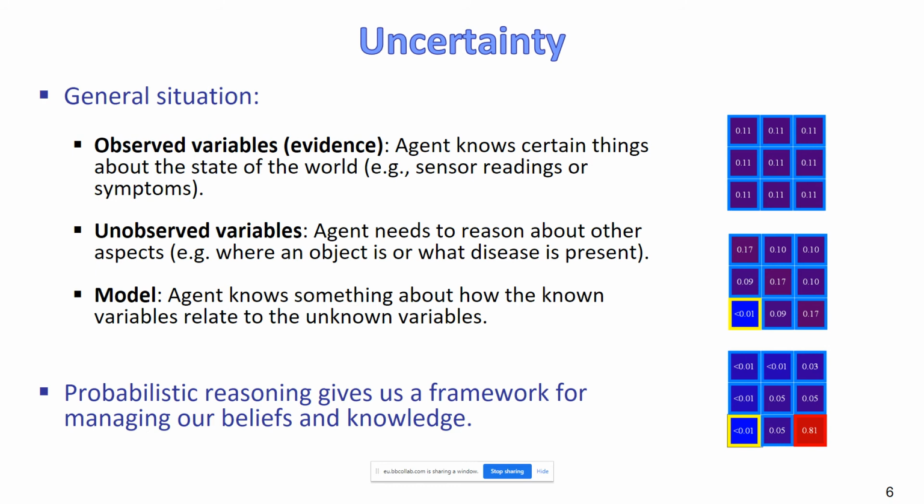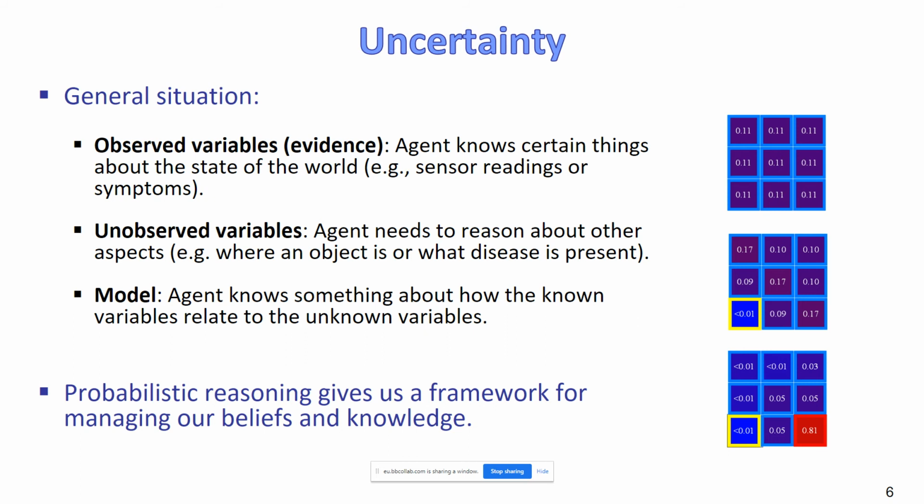So the difference between observed and unobserved is clear. Observed, we saw it, we know it, we have the values for, we are certain about in the world. Unobserved, we are uncertain. We don't know their values. We might know something about their probabilities, but we don't know for sure their values. We didn't see them.